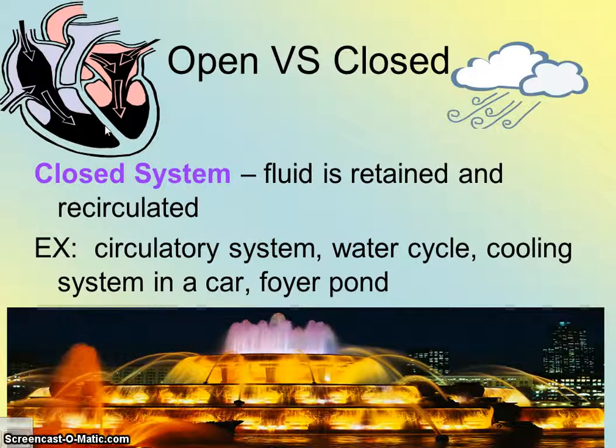You find that with this picture that I have here, you have a fountain. Well, they do the same thing. That water is recirculated. Usually it's filtered, and in the circulatory system, our kidneys are the filters. But it's filtered and put back into the fountain. Now, if you want to look at a really big picture, think of the water cycle.